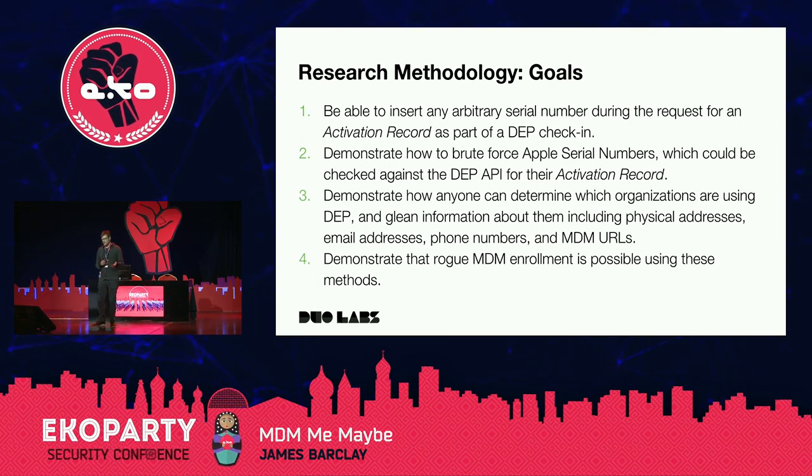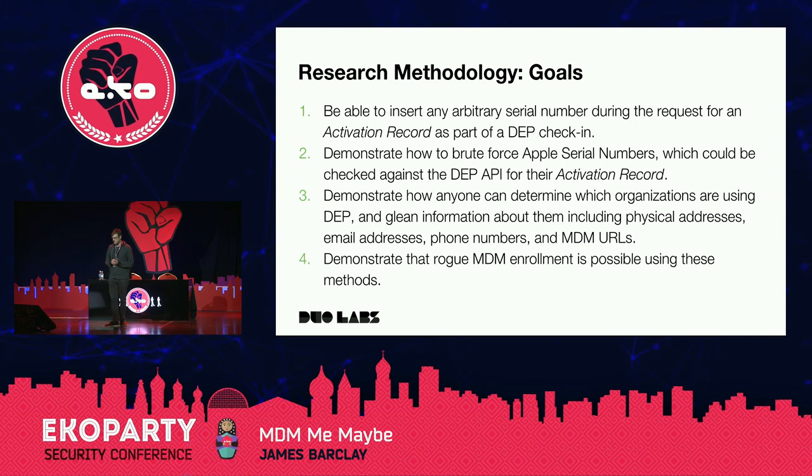Also, we wanted to demonstrate how it's possible to brute force Apple serial numbers, which could be checked against the DEP API in bulk. We also wanted to demonstrate how anyone using these methods can determine which organizations are using DEP and glean information about them, like physical addresses, phone numbers, and so on. And lastly, we wanted to demonstrate that rogue MDM enrollment is possible using these methods.